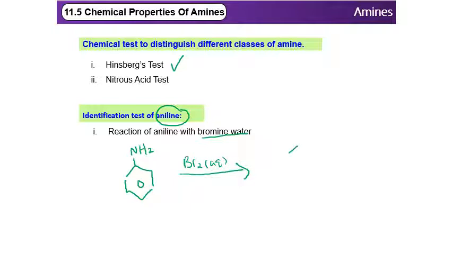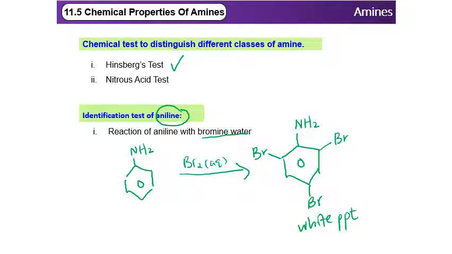Similar to phenol, the bromine will attach at positions 2, 4, 6 and form a white precipitate. The Br replaces the hydrogen and forms HBr. So this is the chemical equation we can use as the identification test for aniline.